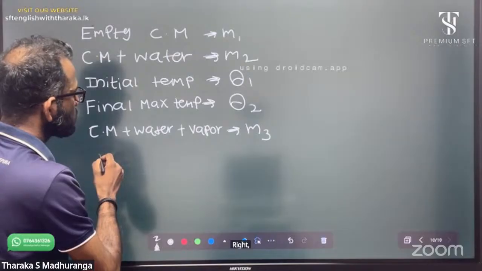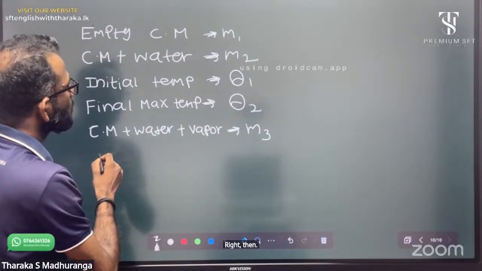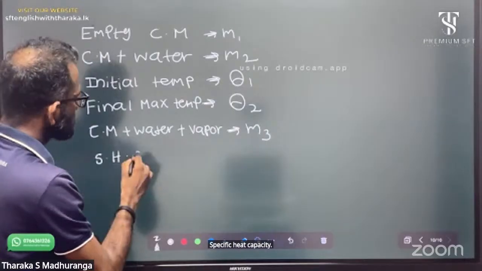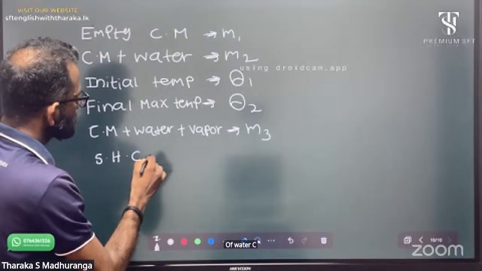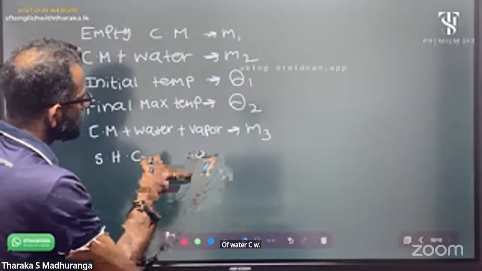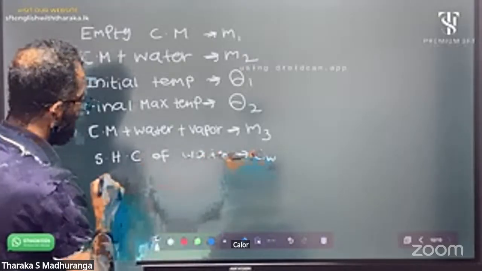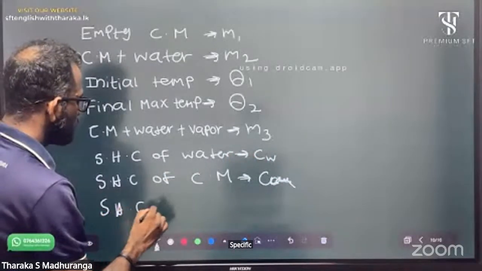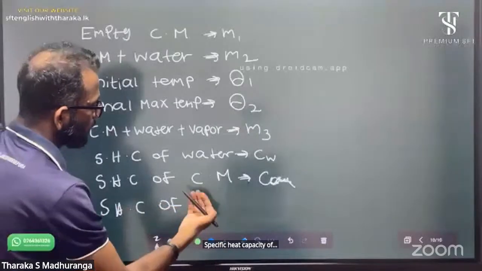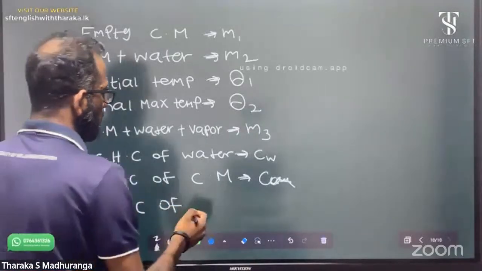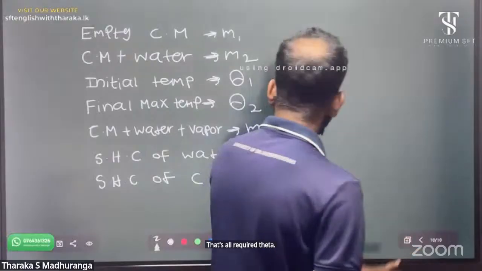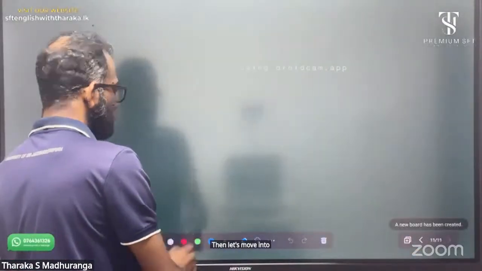Then the specific heat capacity of water Cw, the specific heat capacity of calorimeter C copper. Yes, that's all the required data. Then let's move into the mixture method.